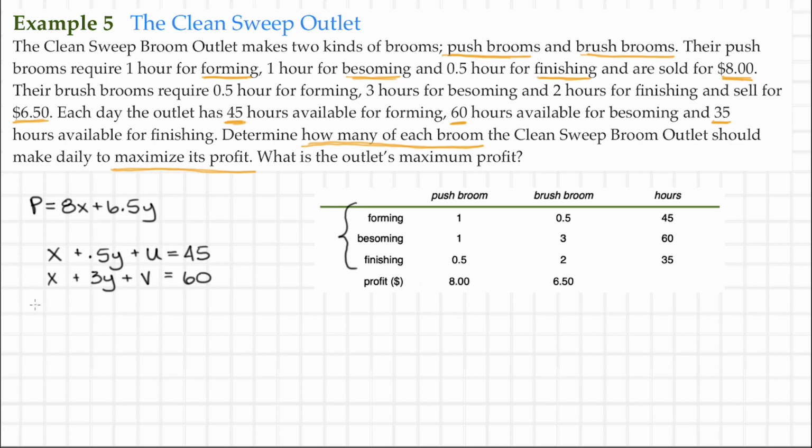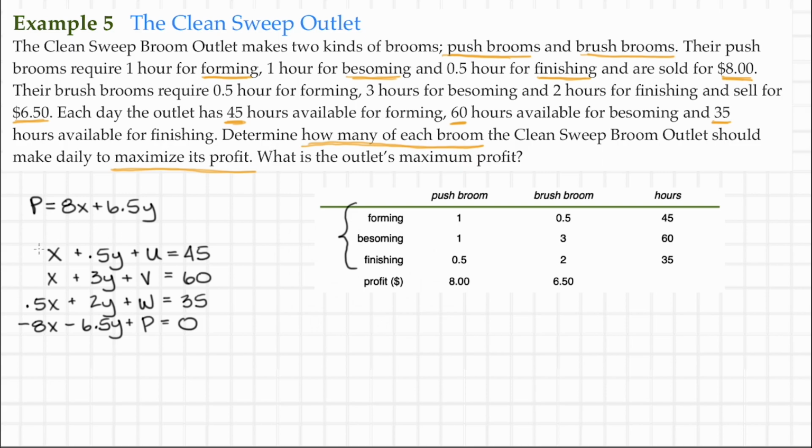For the finishing, we have half X plus 2Y plus another slack variable. It has to be different than the other two, so we'll use W, and that's equal to 35. And then, of course, we put in the objective function, but we have to write it so all the variables are on one side of the equal sign and zero on the other. So we'll write this as negative 8X minus 6.5Y plus P equals 0.